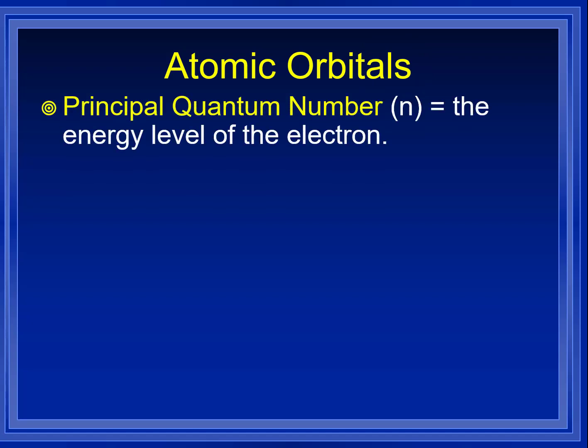Well, if you look at Schrodinger's equation, there are actually 4 coefficients that show up in the middle of it. And one of those coefficients is the principal quantum number.